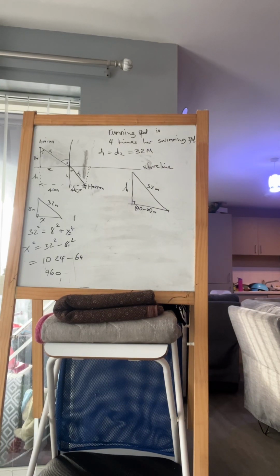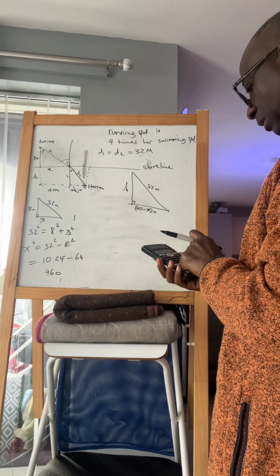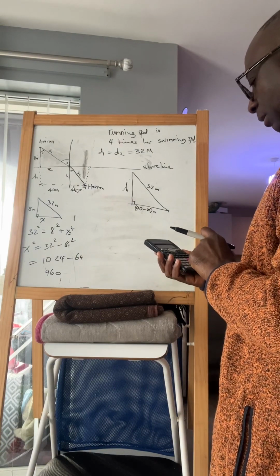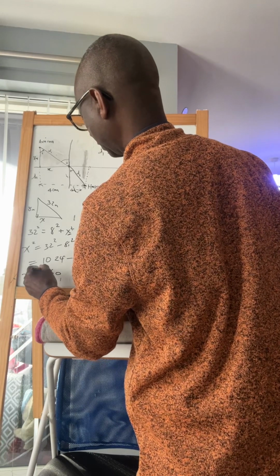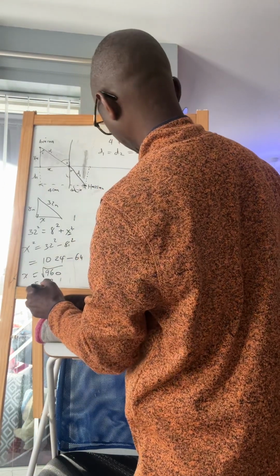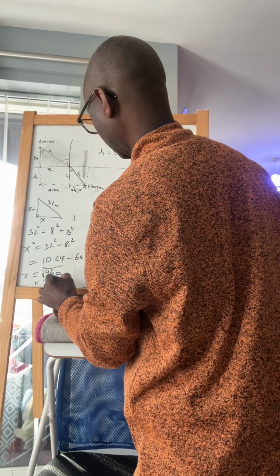The square root of 960 is not a smooth number. It is 30.9838.